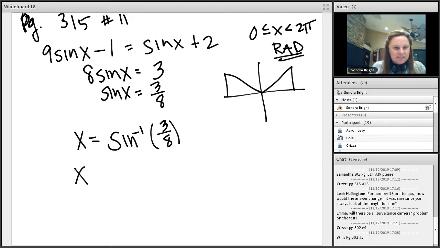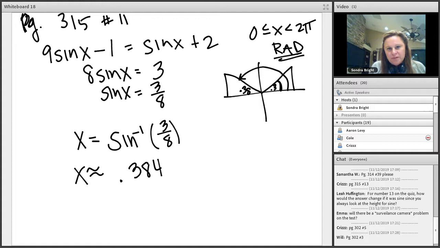And I get x is approximately 0.384. So that's this angle here to give you the quadrant 1 angle. But I also need this one, right? Well, here's what I know. I know that this is also 0.384.